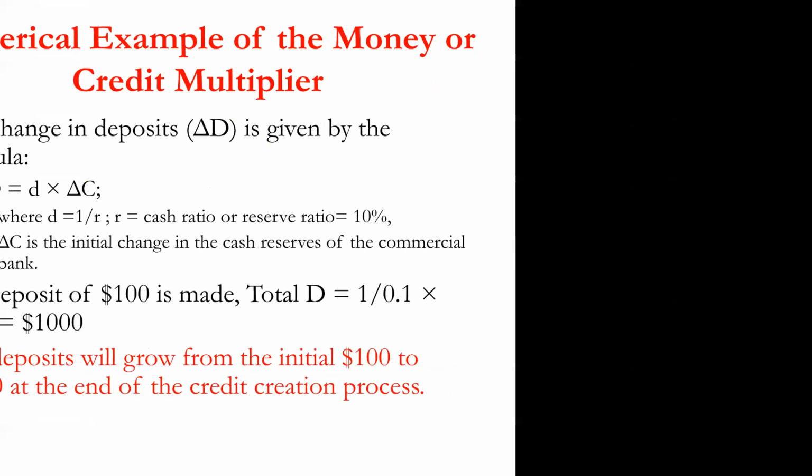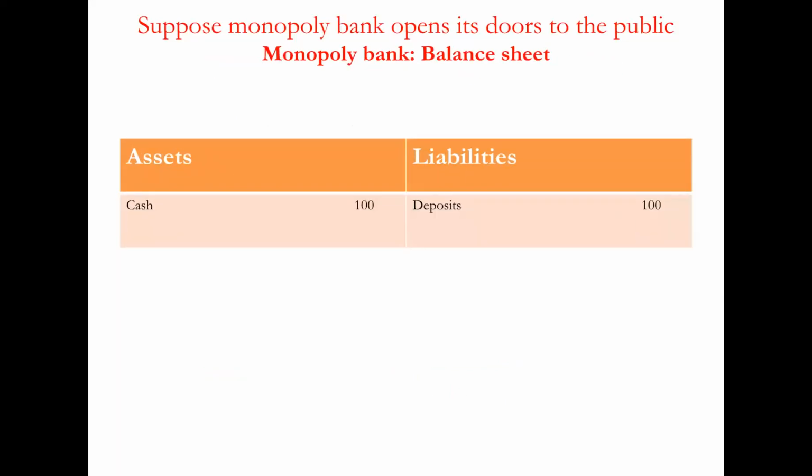So let's look at this example. Let's suppose the monopoly bank, meaning one bank opens its doors to the public, monopoly bank, balance sheet. What happens is that they have got the cash here and the deposit. The deposit is always a liability to the bank. I should underscore this again.